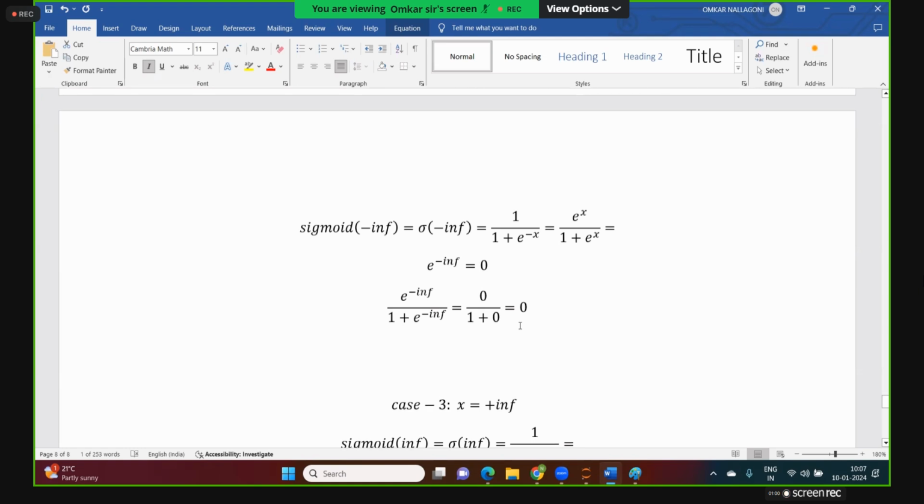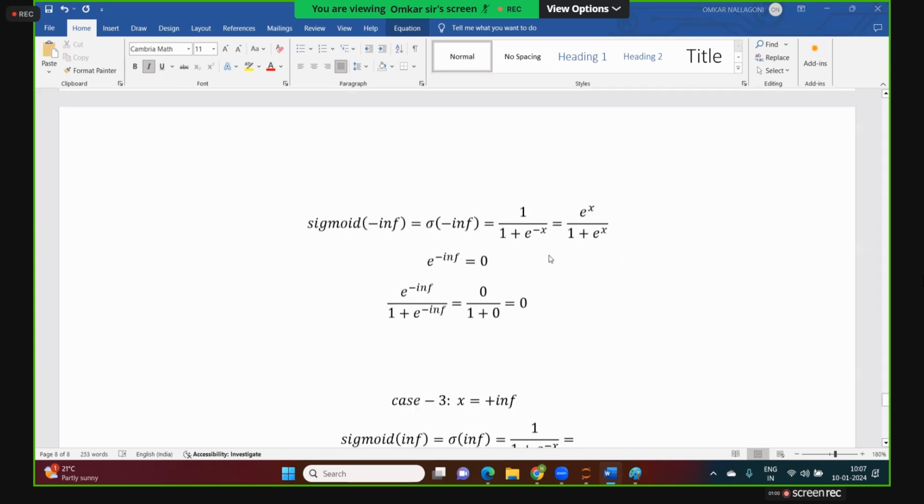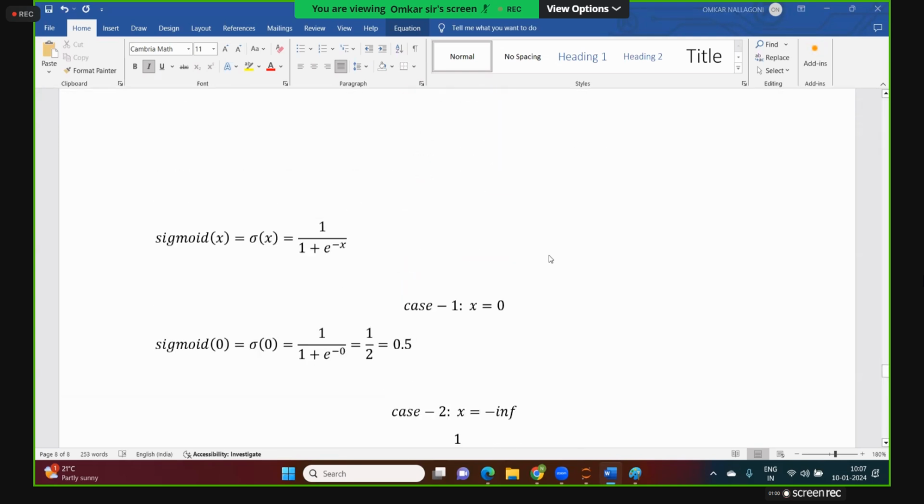We already reversed it here. Don't reverse again and don't get confused. And this works. So now in the real line, minus infinity gives in the sigmoid line how much? 0. In the real line, plus infinity gives in the sigmoid line how much? 1. Note this down. Case 1, case 2, case 3.